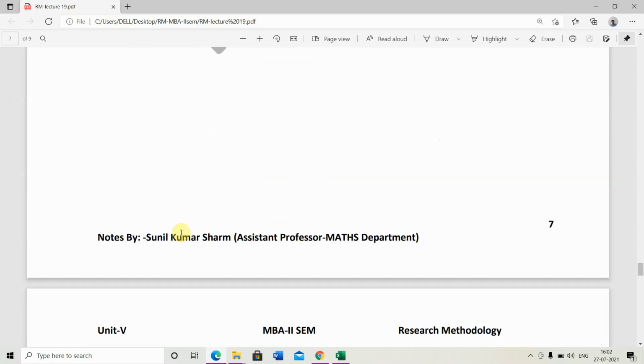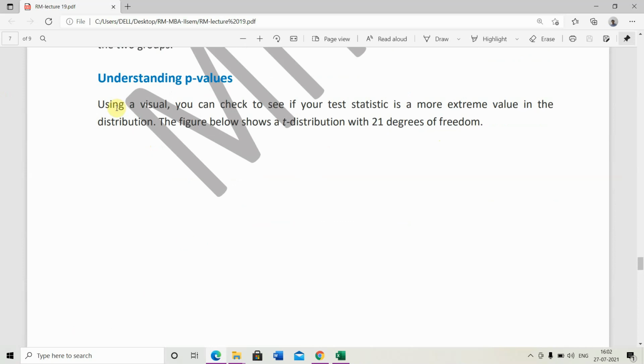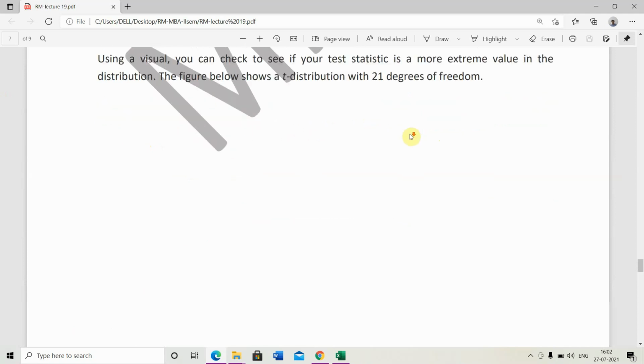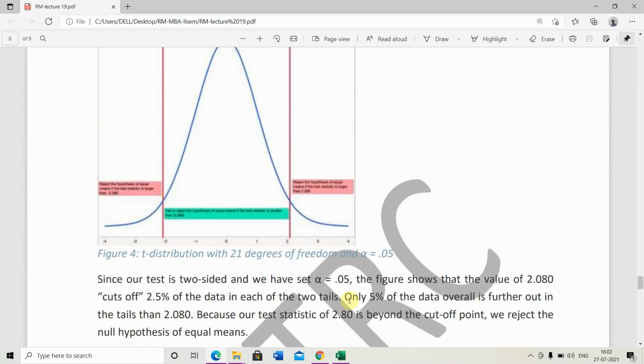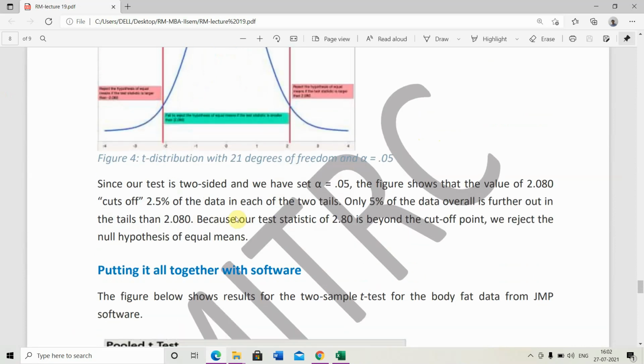Understanding p-values. What is the p-value? Using a visual, you can check to see if your test statistic is a more extreme value in the distribution. The t distribution with 21 degrees of freedom is shown. Here's the diagram for alpha equal to 0.05 and 21 degrees of freedom.